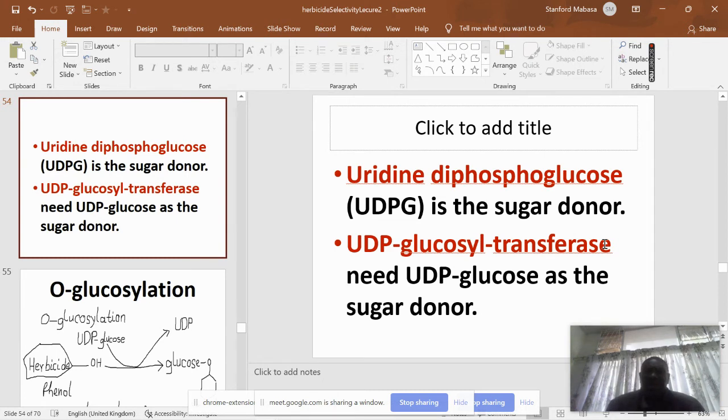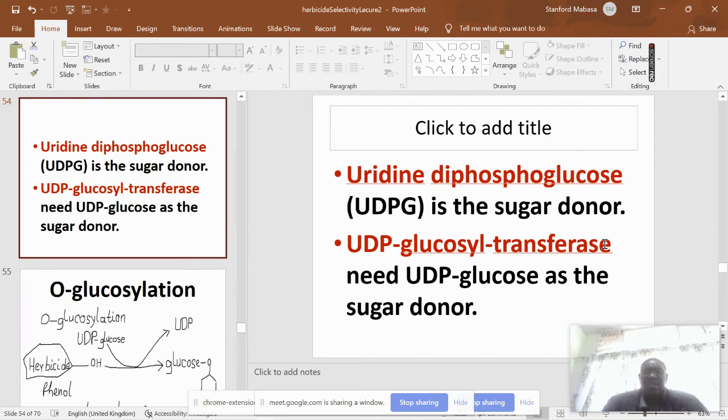Now, when we were talking about glutathione, there was a glutathione transferase enzyme. So UDP glucosyltransferase is the enzyme which is needed for these reactions. We also need UDP glucose as the sugar donor.